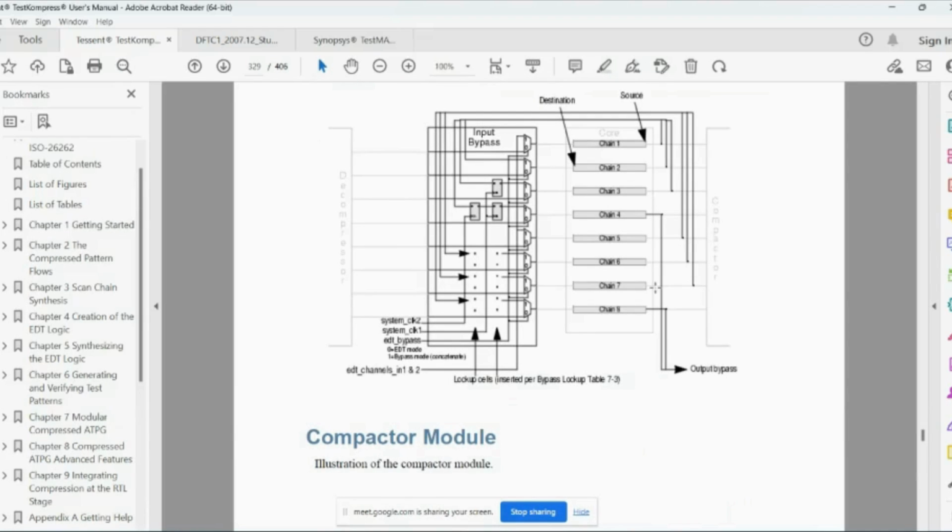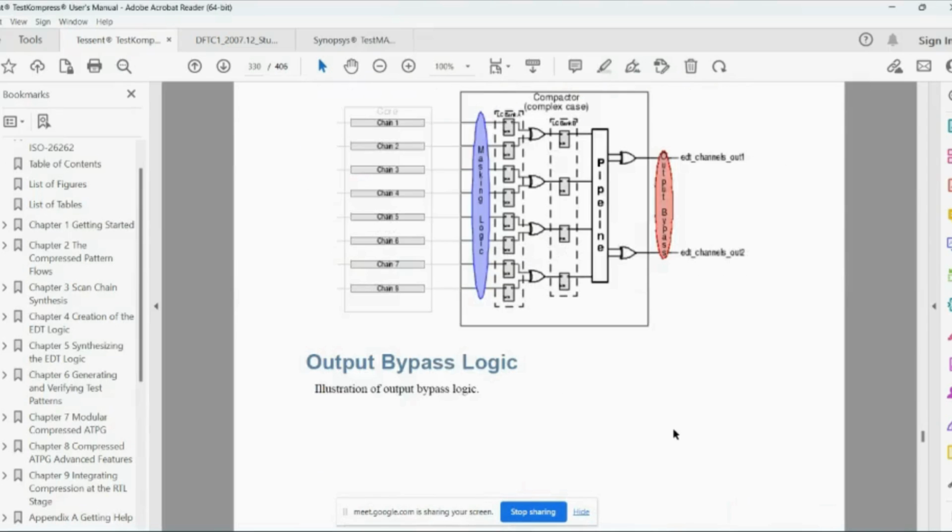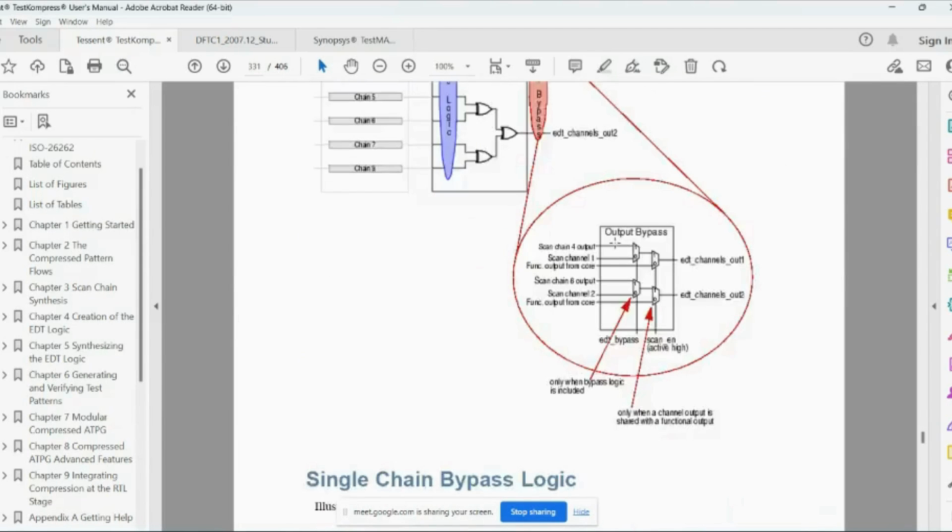If you want to enable bypass mode, you have to have input bypass muxing, and you have to have output bypass muxing also. So again you will have an output bypass mux. These are the bypass muxes.